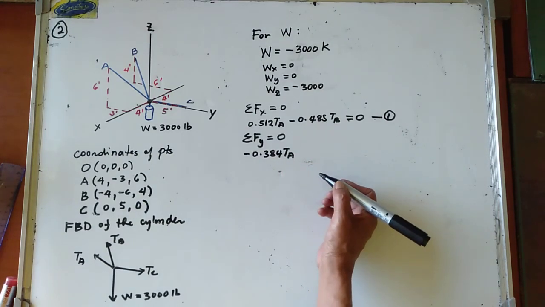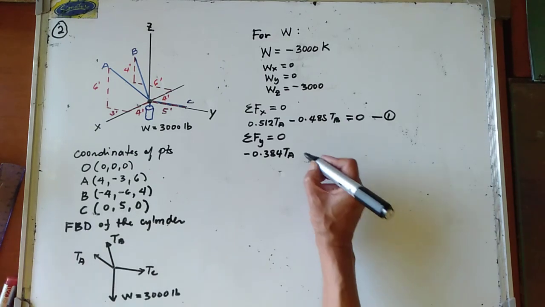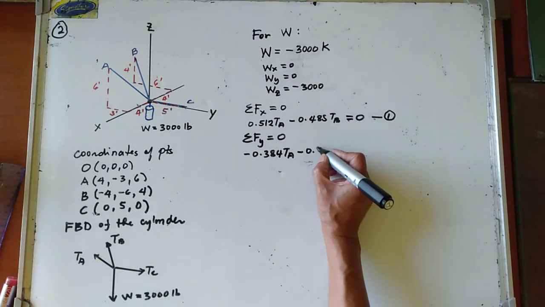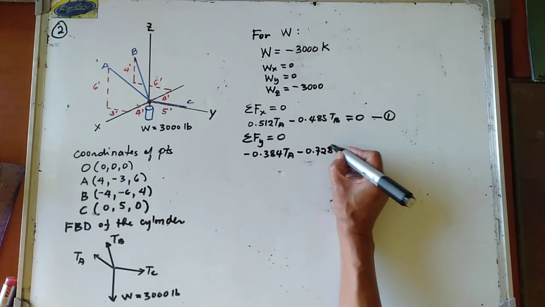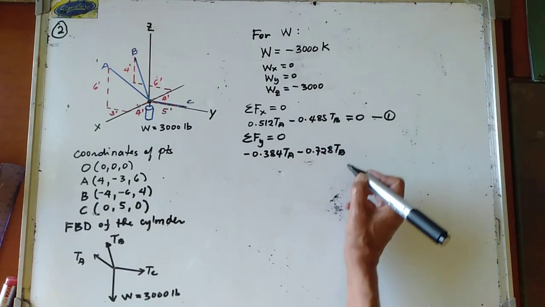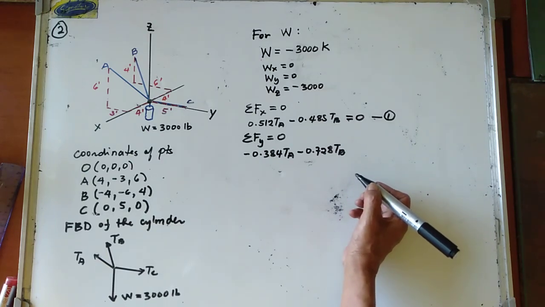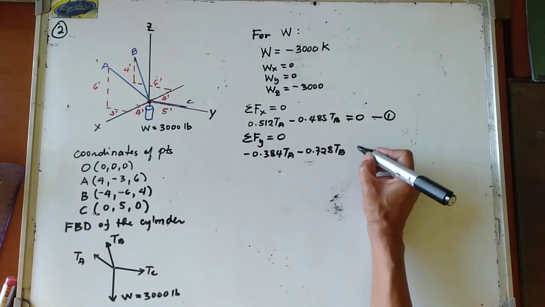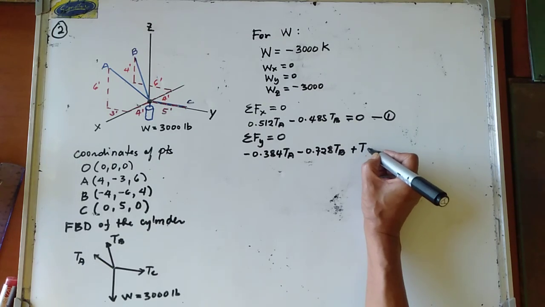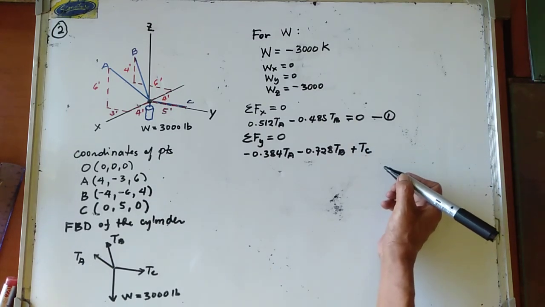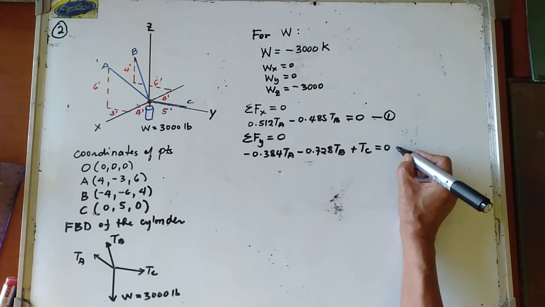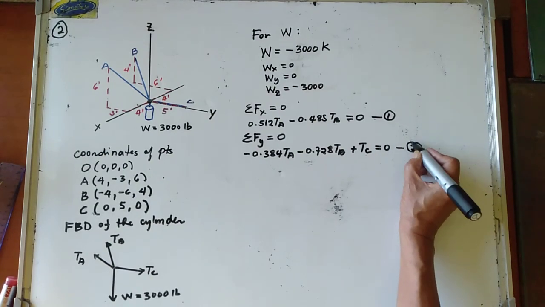And your TBY is negative 0.728 T sub B. And your TCY is equal to TC, so that is plus T sub C. And this is equal to 0. So let's consider this one as the second equation.